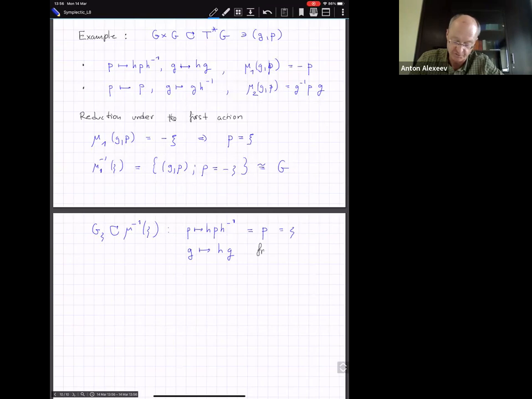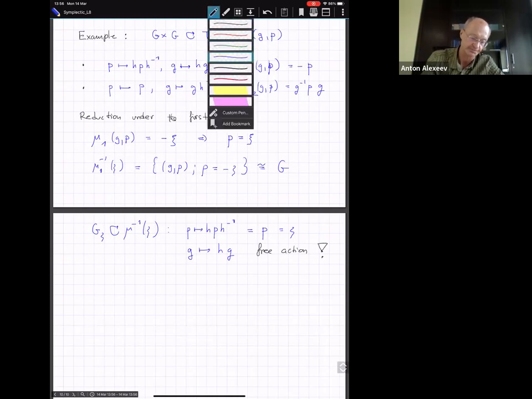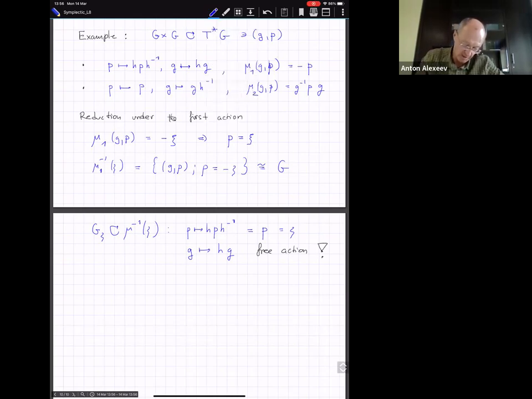This is, of course, a free action, right? This is always a free action. Now the reduced space, M_psi, is isomorphic to, let me denote it in this way, just a quotient space of our copy of G by the action of G_psi.